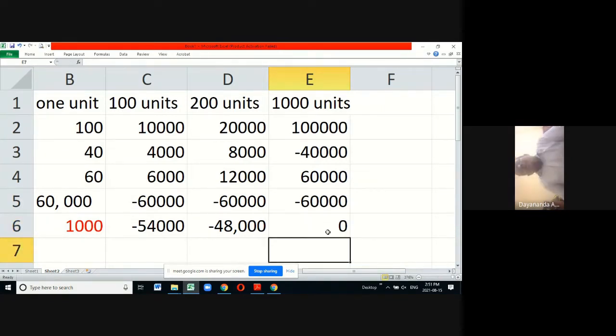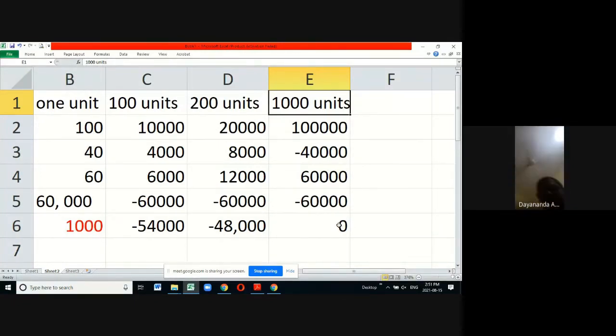So that's called break even. So what do you call break even? Break even means the point or the volume at which your profit becomes 0. Your profit becomes 0.